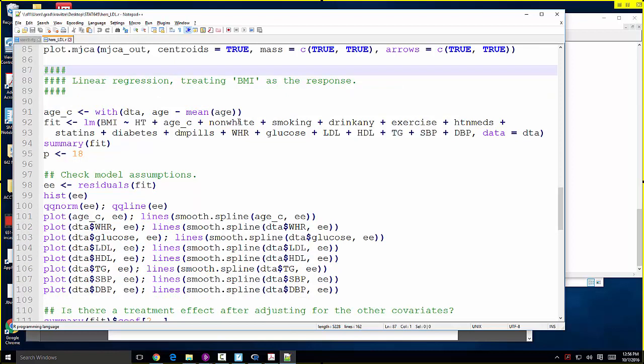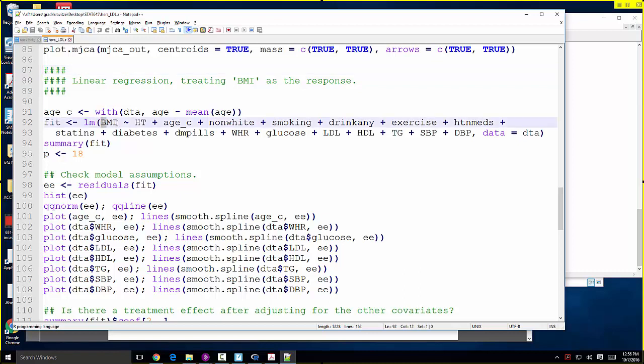First off, let's do regression, treating BMI as the response variable. That's probably not the main focus of this study, to look at BMI, but that's one thing we could do. Let's model BMI in terms of a bunch of the variables. Linear model, linear regression.